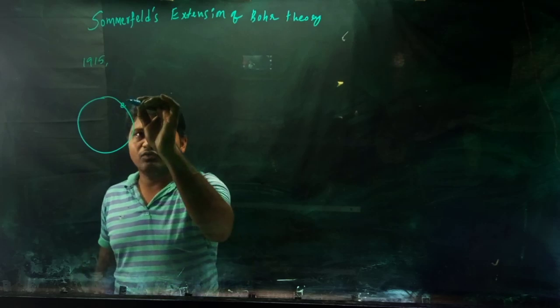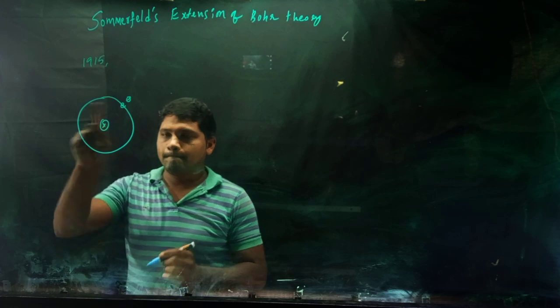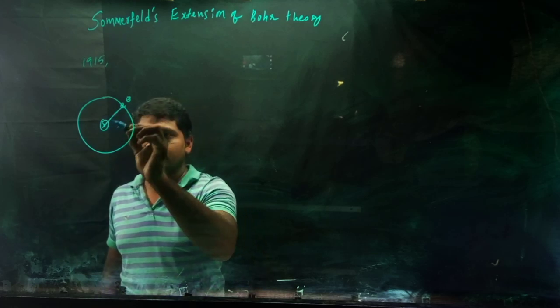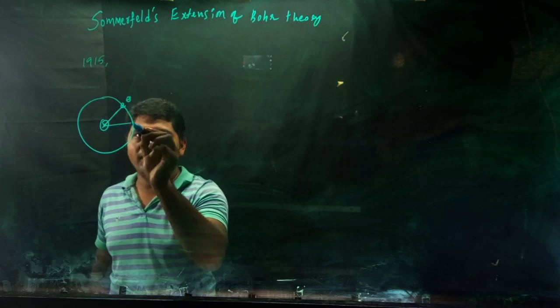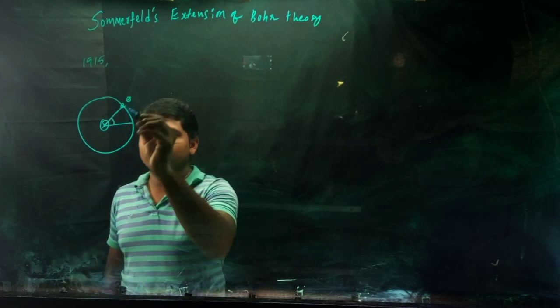When we observe the circular orbit, the electrons revolve around the nucleus at a particular distance, but the angle must change from here.